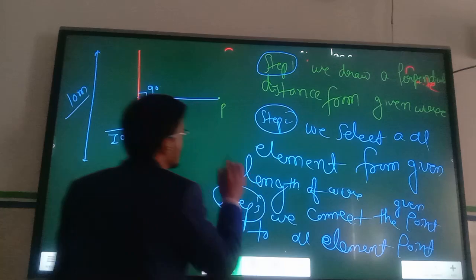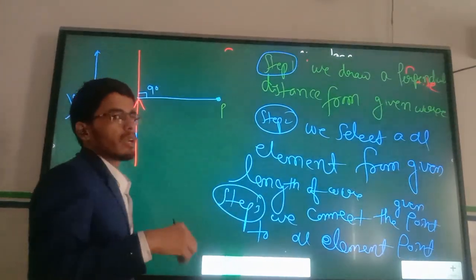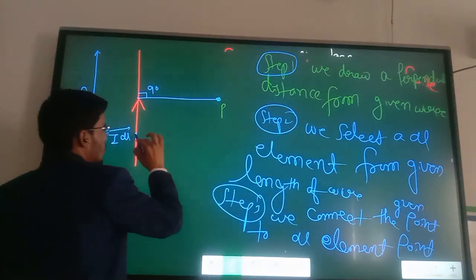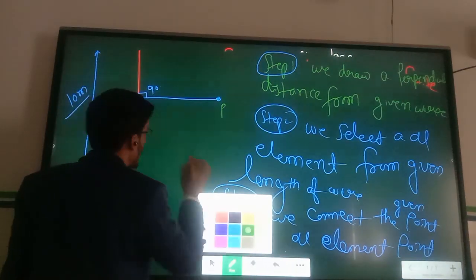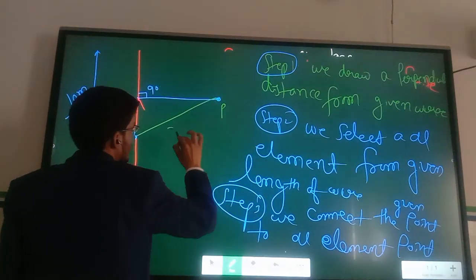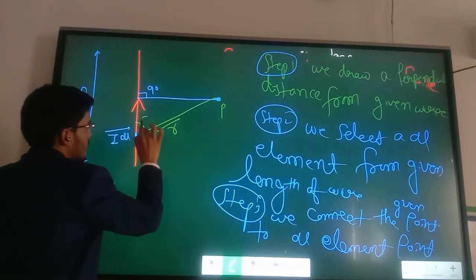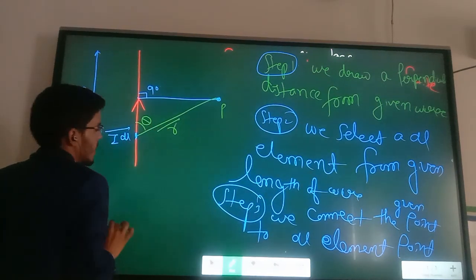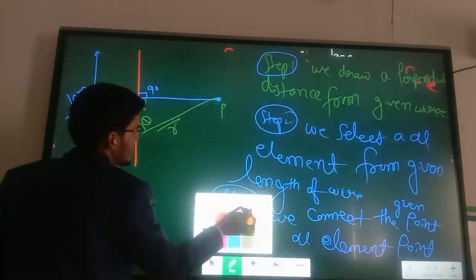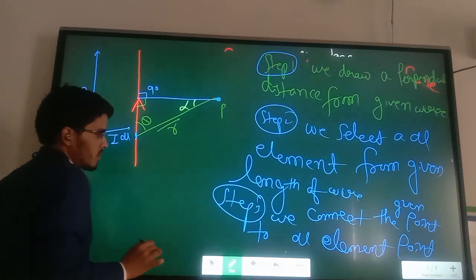Basically, this is the given point at which we have to calculate the magnetic field, and this is the dl element point. So we connect both points. This is vector r, and suppose this angle is theta. Now this angle is 90, and this angle is suppose alpha.